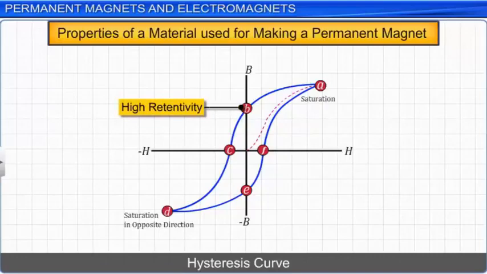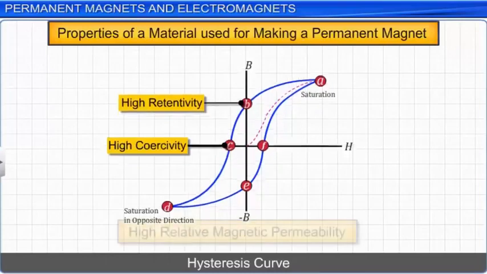The material should have high coercivity so that it does not lose the magnetic property during temperature fluctuations, unwanted or scattered magnetic fields, and minor mechanical damage. Also, the material should have a high relative magnetic permeability so that it can be easily magnetized.